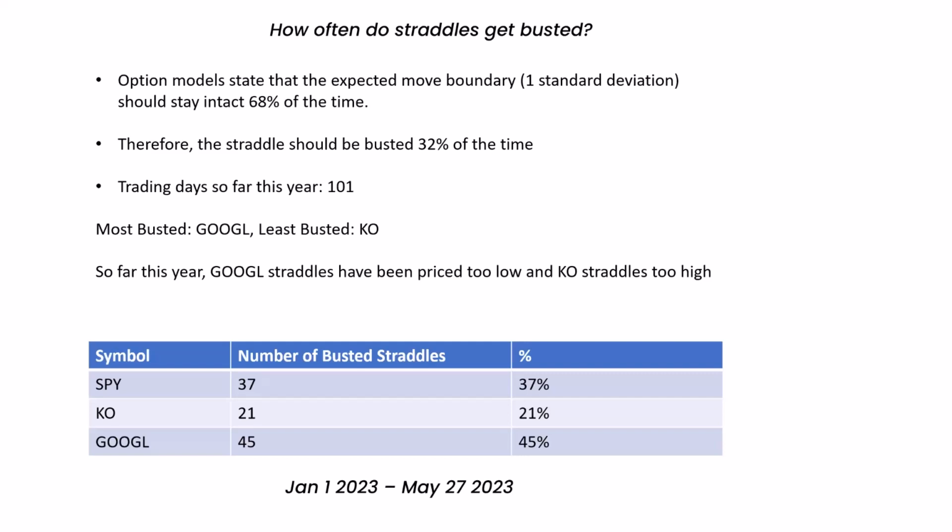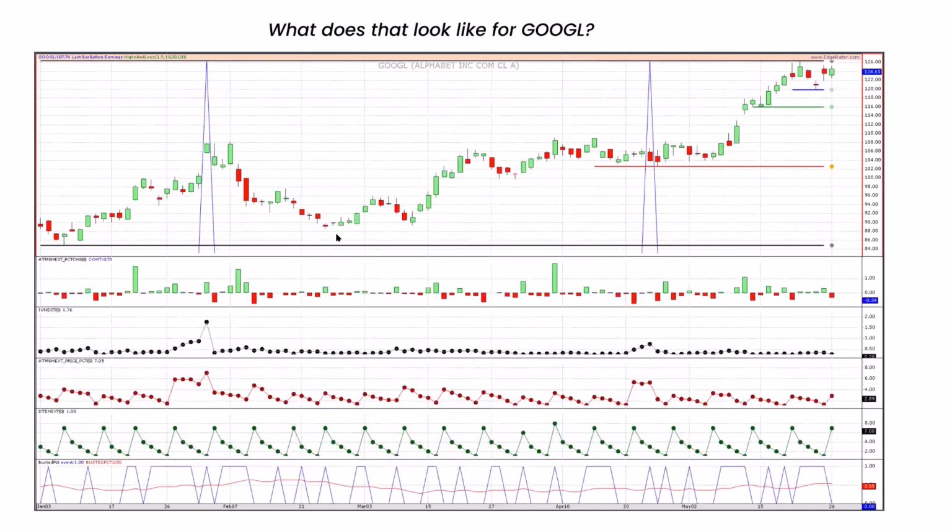If it stays within that boundary too much, more than 68% of the time, it means that the straddle is overpriced and the professional traders are making money. As a retail trader, you probably don't want to be buying those straddles, or you probably don't even want to be buying those options. So it's a good idea to have a heads up of what straddles tend to get busted, and that changes over time, of course.